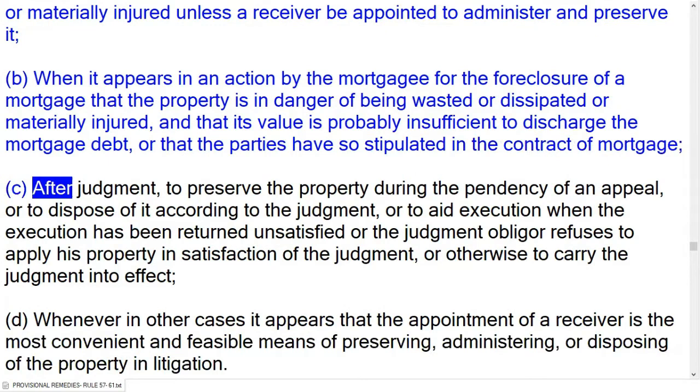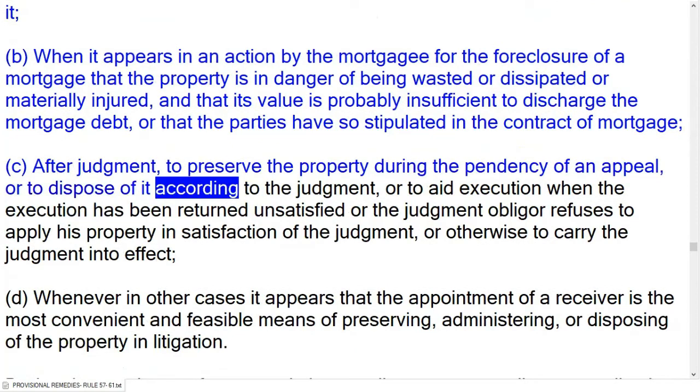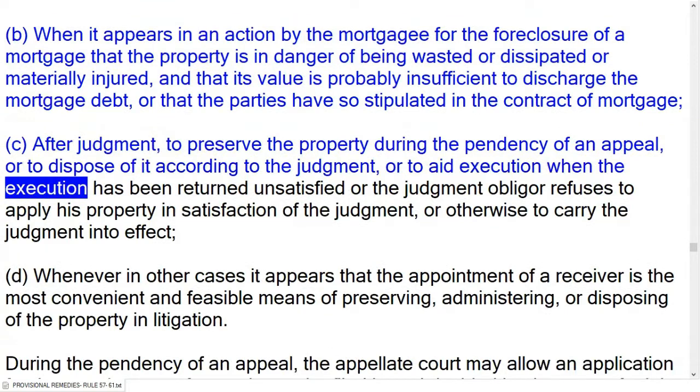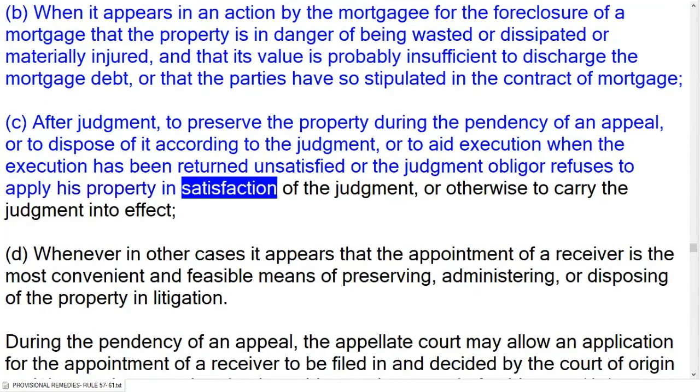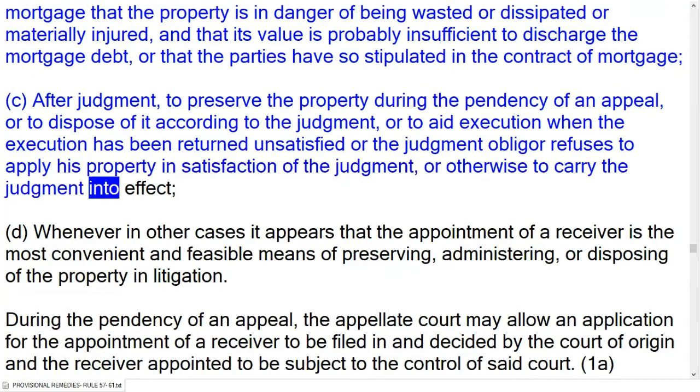C. After judgment, to preserve the property during the pendency of an appeal, or to dispose of it according to the judgment, or to aid execution when the execution has been returned unsatisfied or the judgment obligor refuses to apply his property in satisfaction of the judgment, or otherwise to carry the judgment into effect.